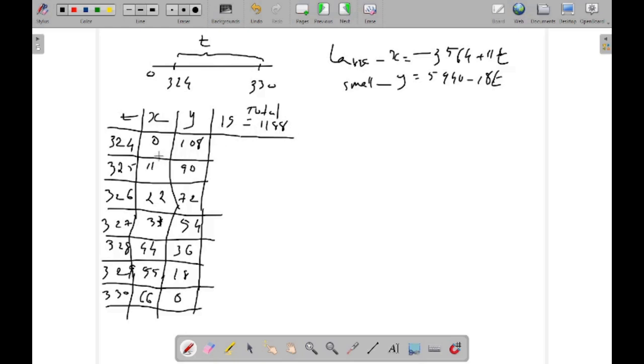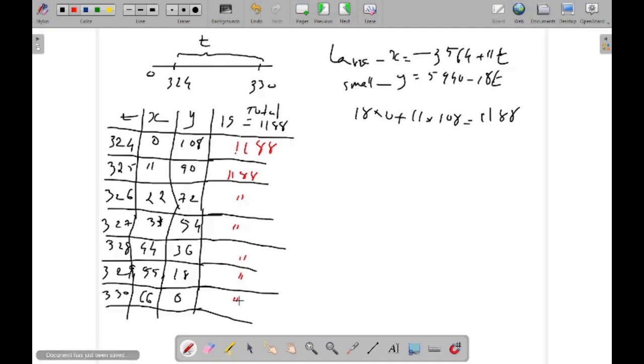Well, let us compute 18 into 0 plus the first one, when t is 324, we are writing x equal to 0 and y equal to 108, 11 into 108, this equal to 1188. Okay, so all these give 1188. So all these solutions are valid.